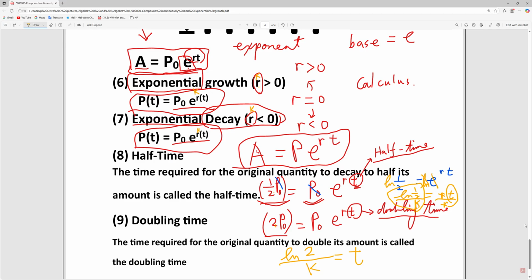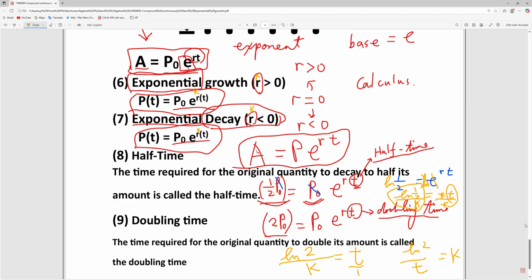And many students memorize the formula K equals ln2 over T, or T equals ln2 over K, because you can exchange these two positions. Okay. I don't suggest that you memorize the formula. If you really like to memorize a lot of formulas, you can do so.